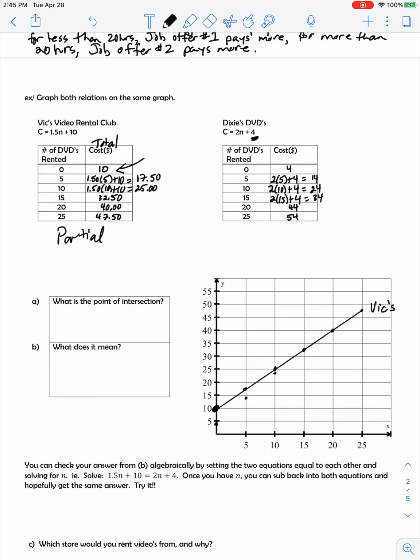For 15 videos, it's $34. For 20 videos, it's $44. And for 25 videos, it's $54. Okay, so now we better draw the line.